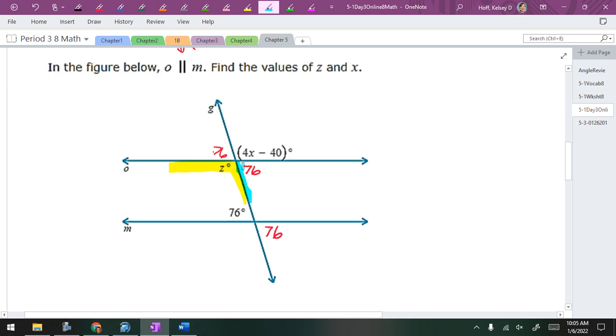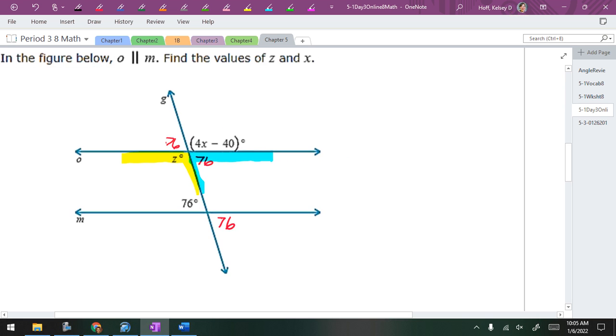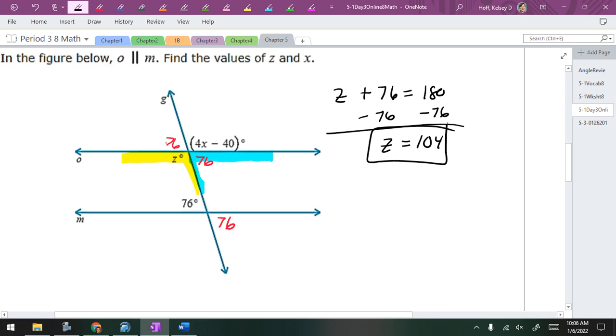This one right here? What relationship do they have? Very good. They're supplementary. Okay. So angle Z plus 76 equals how many degrees? 180. Then subtract 76. And you're right, Peyton. Z is 104. Yep.